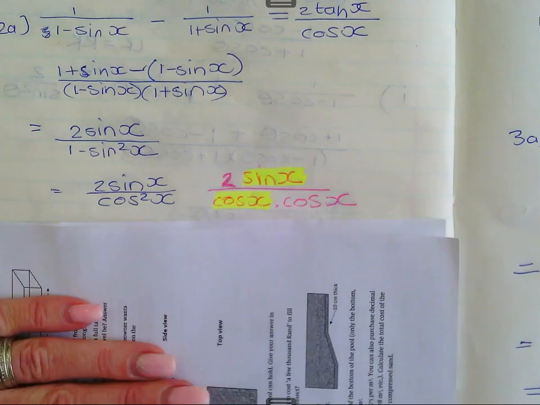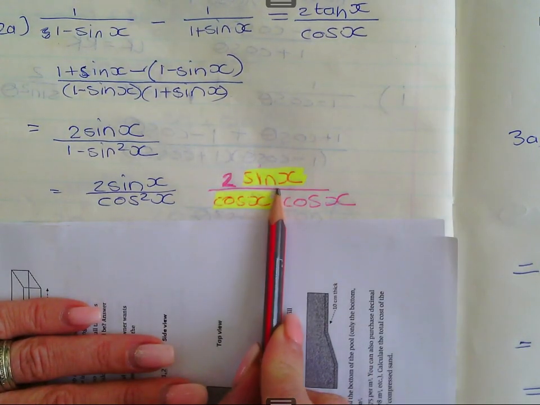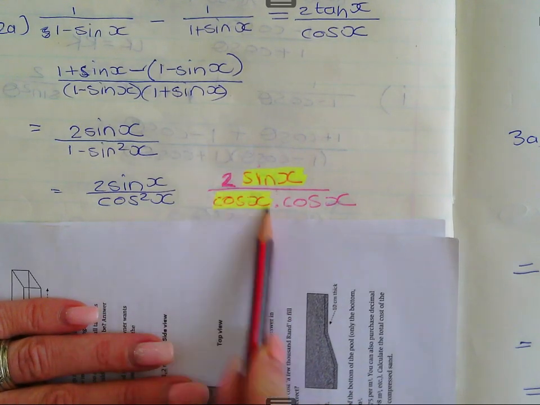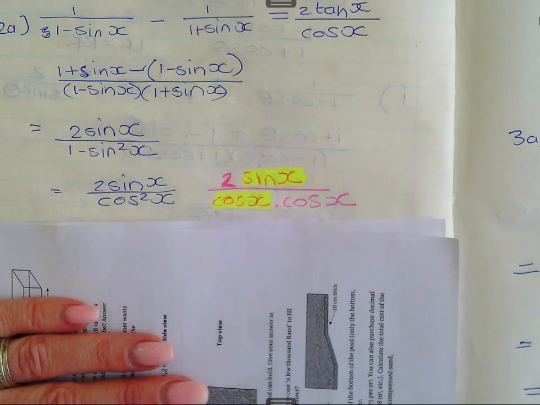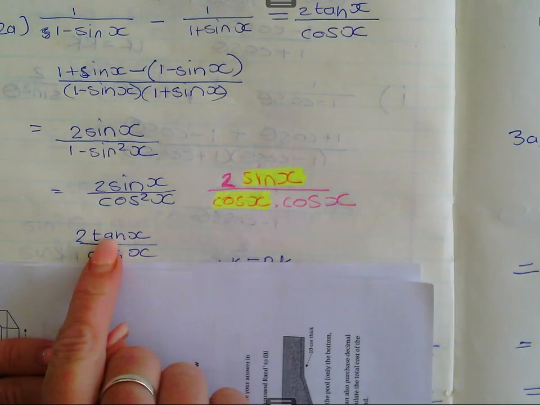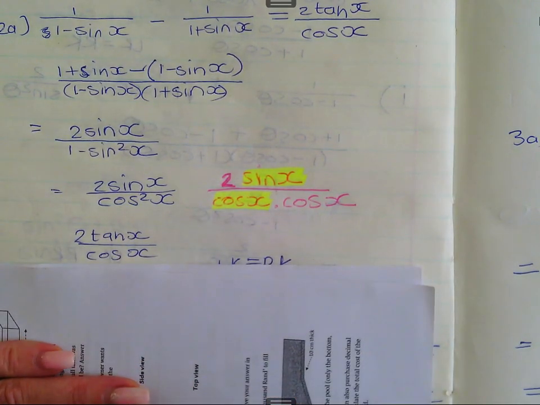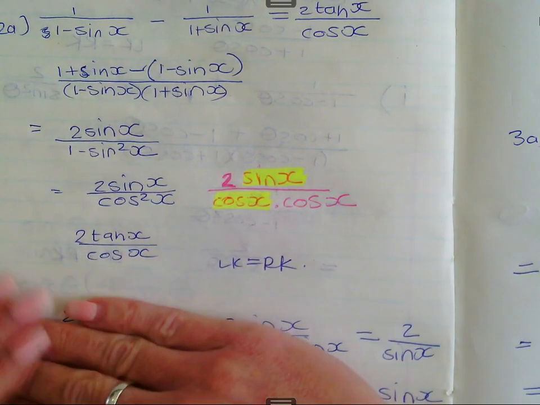So this sin that I highlighted is pulling this cos x in the denominator up towards it. So what is sin over cos? That's why the two of them become the tan, and then only one cos remains at the bottom. That's a bit tricky, but once you see it once and understand it, you've got it.